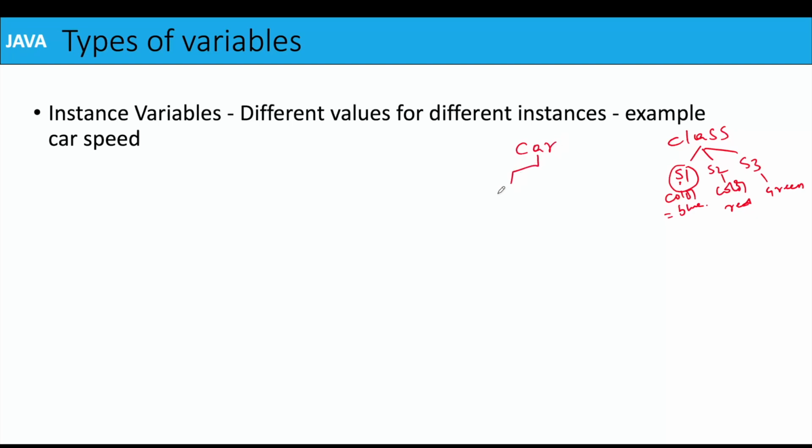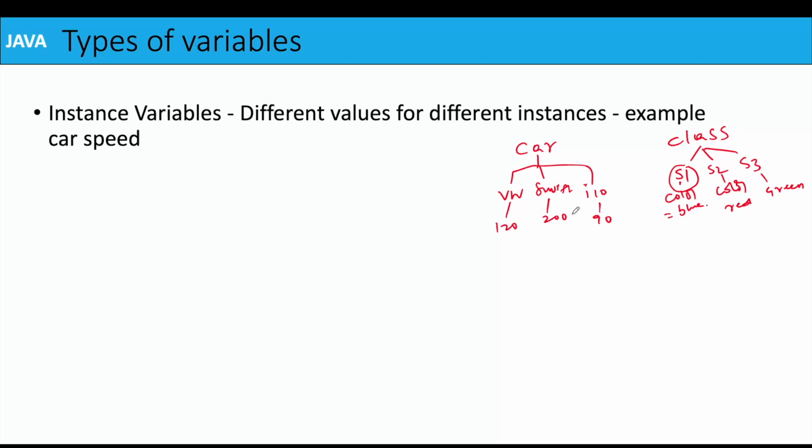Under this car class I have created a Volkswagen car, a Swift car, and also an i10 or some other car. The speed may be different for each car: maximum speed for this may be 200, for this it may be 90, whatever maximum speed, suppose.